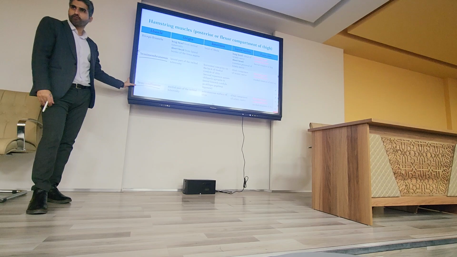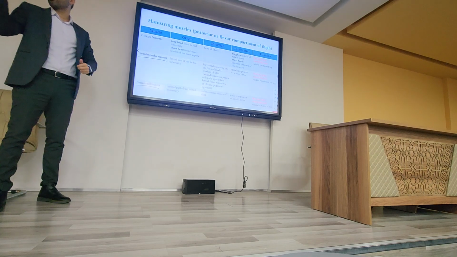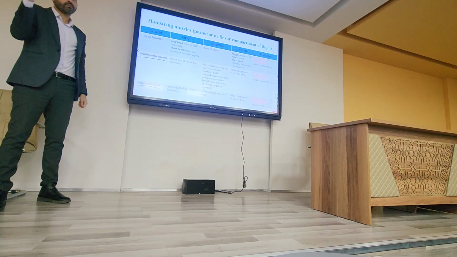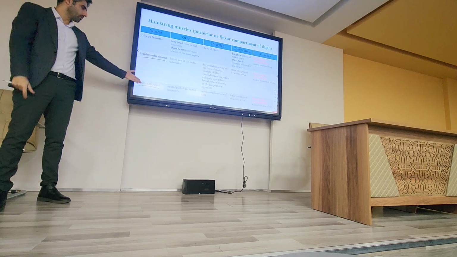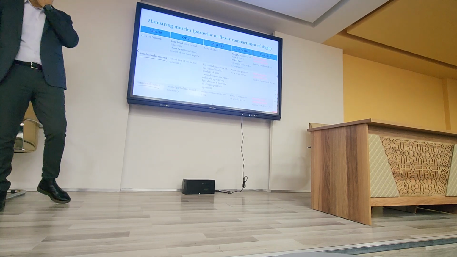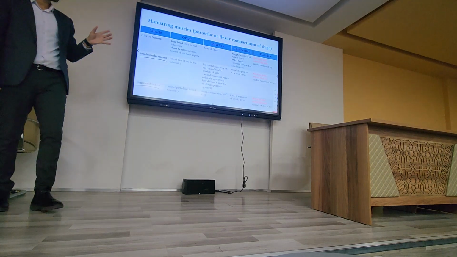Semitendinosus: half of the muscle looks like a tendon, so it has a big, long tendon. Semi means half, tendinosus, tendon. Half of the muscle is tendon. Semimembranosus, half of the muscle is membrane.